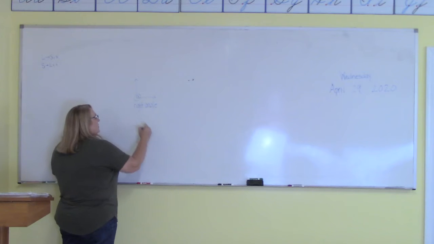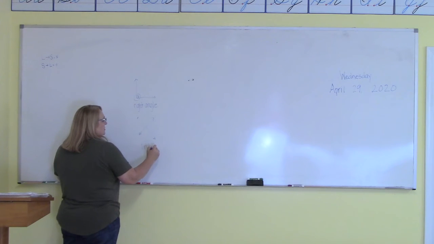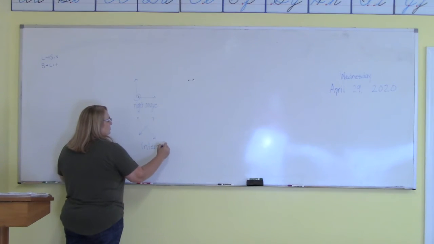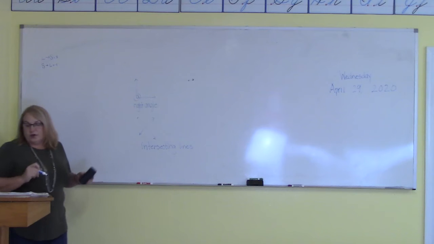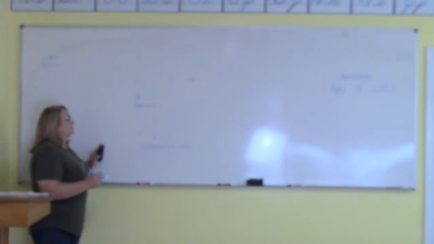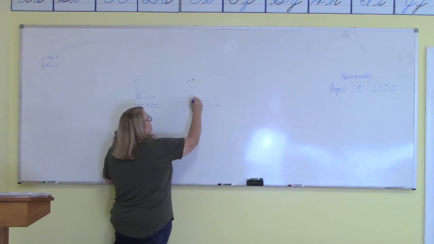F, if you have lines that look like this, that means they are crossing each other at some point. Those are called intersecting lines. Now this is just a line.